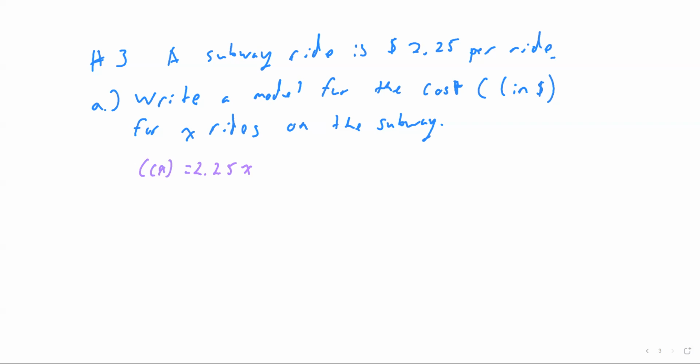All right, so here's the second part of the question. Oh gosh, this is a long one. All right, here we go. A commuter can purchase an unlimited ride Metro card for $89.